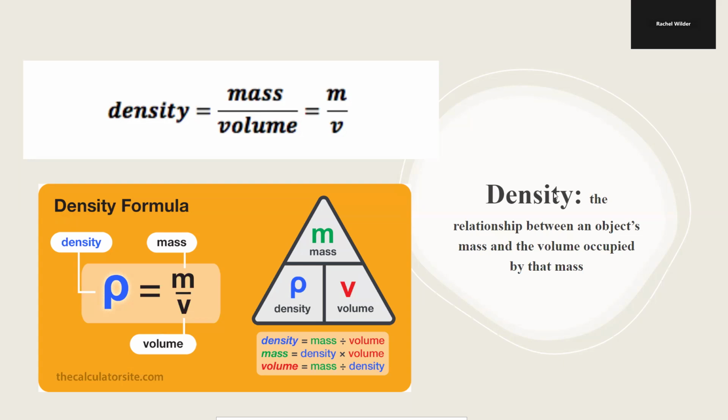So this would be the formula, which would be density equals mass divided by the volume. So if you have two of the three numbers, you can solve for whatever. If you're looking for the density, it's mass divided by volume. If you're looking for the mass, it's the density multiplied by the volume. If you're looking for the volume, it is the mass divided by the density.